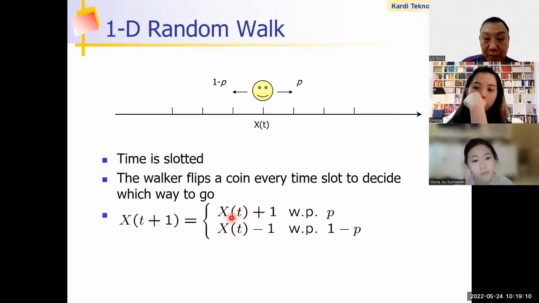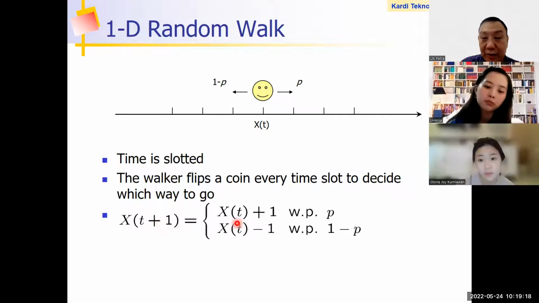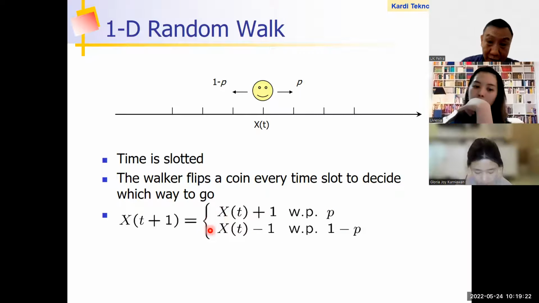Very simple, right? So x_t plus 1, to the right, or x_t minus 1. This depends on the problem. And you see the function is actually a decision function. So there is a two-way if-then: if the probability is P or 1 minus P.